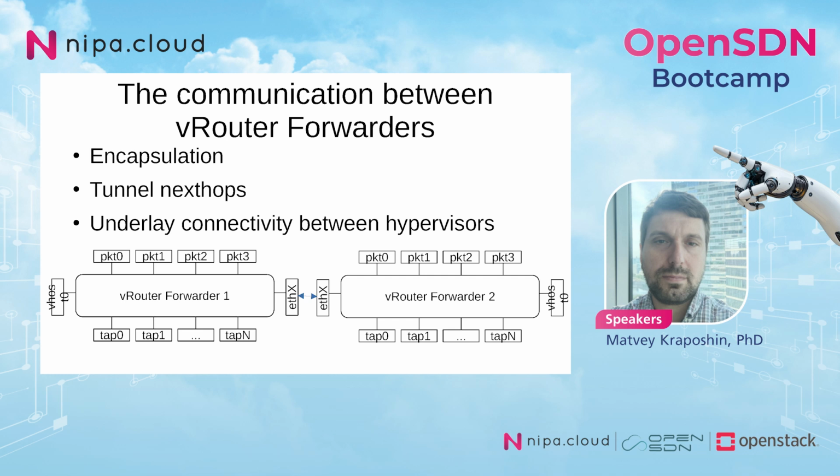This packet travels in underlay, and it goes into the Ethernet X interface of another vRouter forwarder. And then it continues its travel inside the second vRouter forwarder.